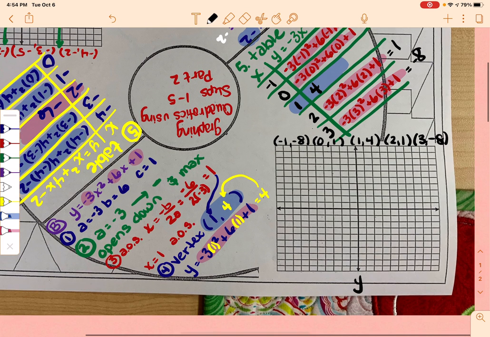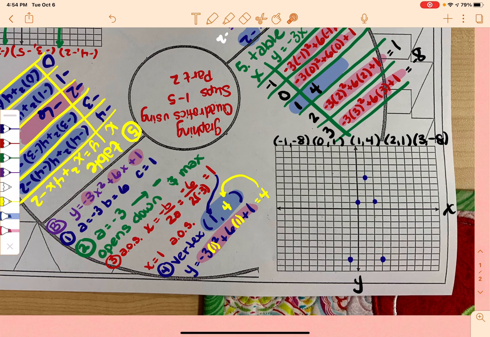And I'm going to go ahead and label X and Y so that I can start to graph. So negative 1, negative 8, 0, 1, 1, 4, 2, 1, and then 3, negative 8.